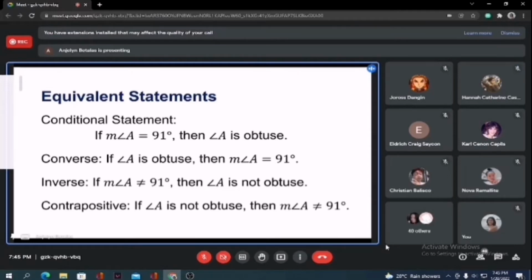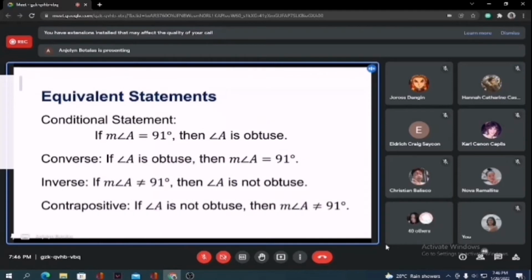But let's go back to the definition. It could be that both of them are true or false. Okay, let's have the conditional statement. If the measure of angle A is 91 degrees, then angle A is obtuse. Is this a true statement?